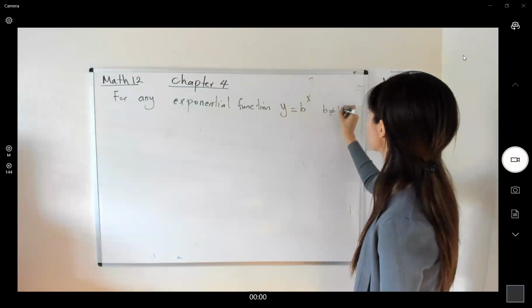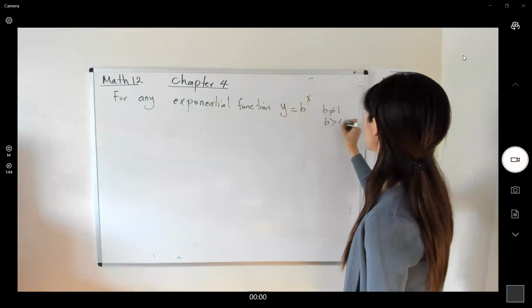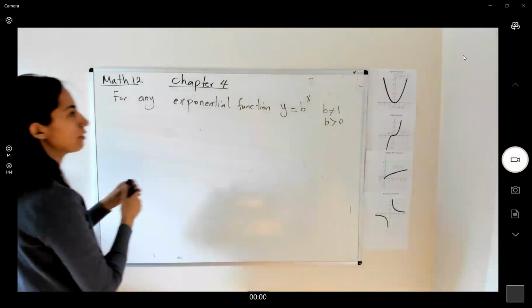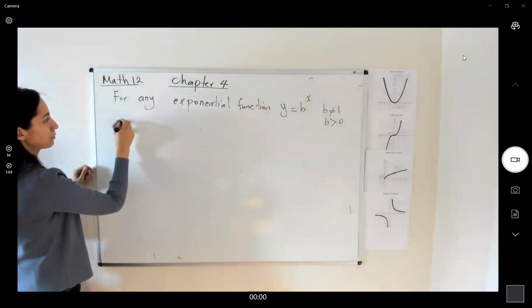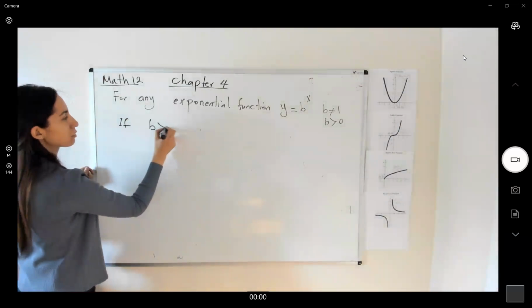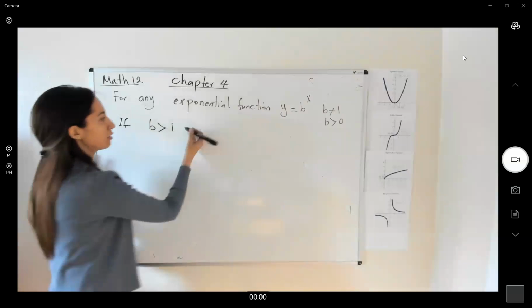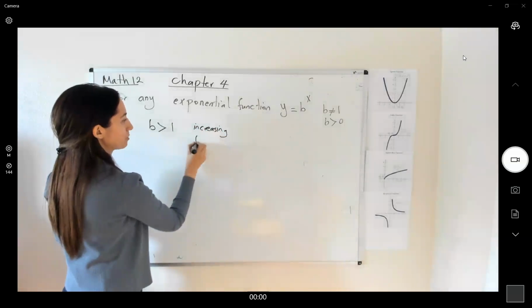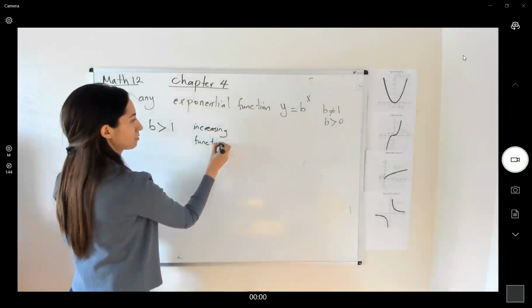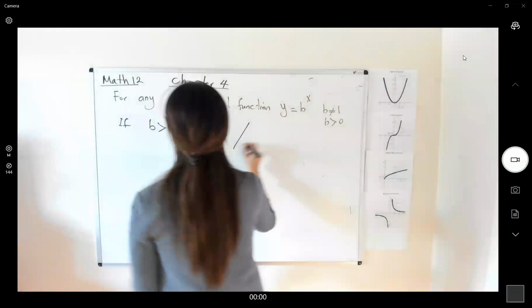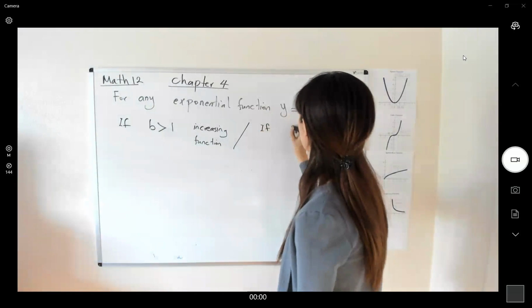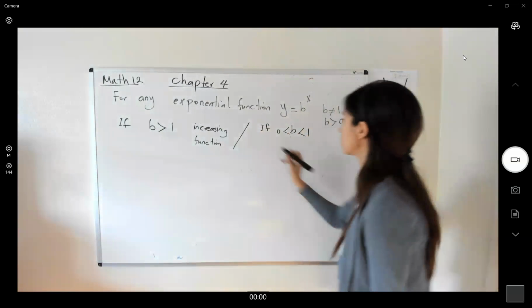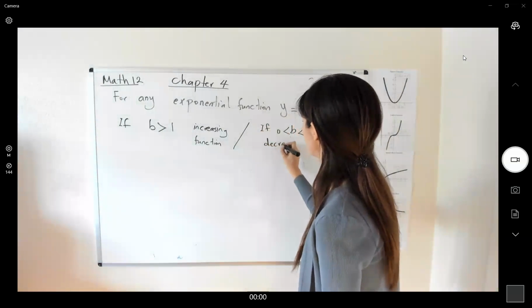Then b is never equal to 1 and b is greater than 0. If b is greater than 1, then we have an increasing function. And if b is sandwiched between 0 and 1, then you have a decreasing function.